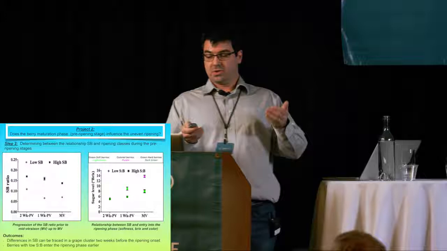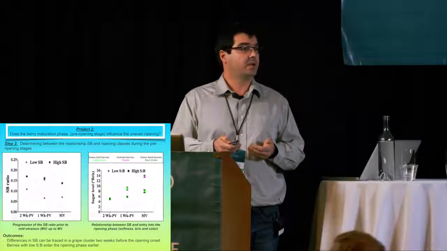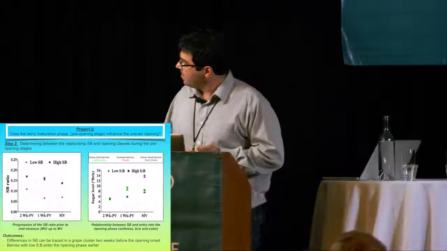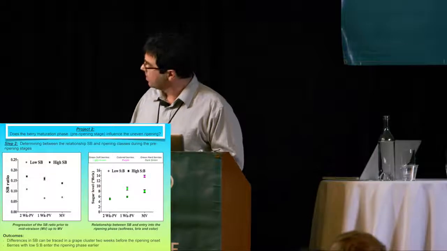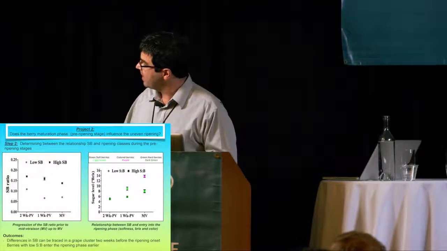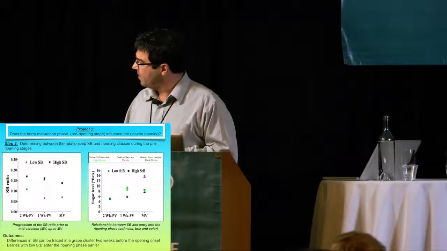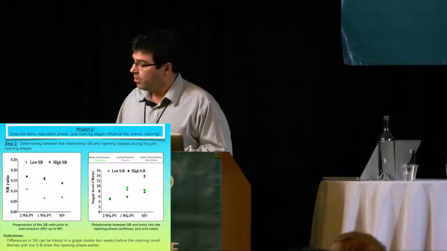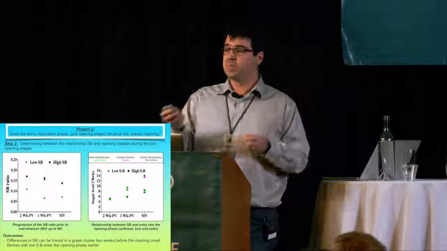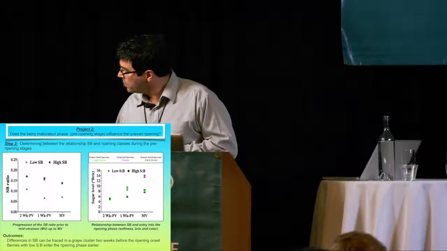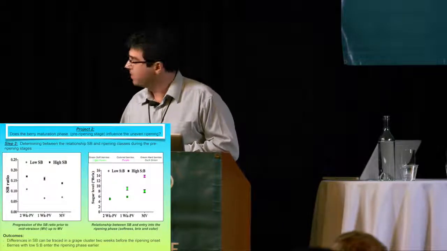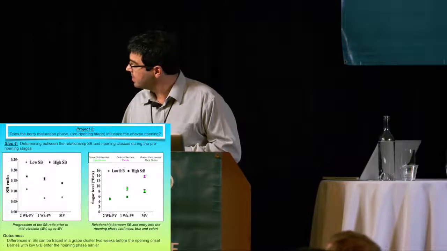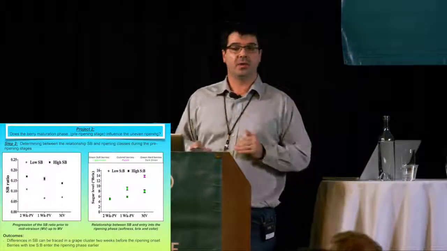And when we tried to correlate that to a ripening aspect, you can see that when we look at the sugar, comparing low SB and high SB, 2 weeks before veraison the sugar level in the two classes is kind of the same, but they tend to diverge once we reach 1 week before veraison, and you start to see the divergence between the berry classes.